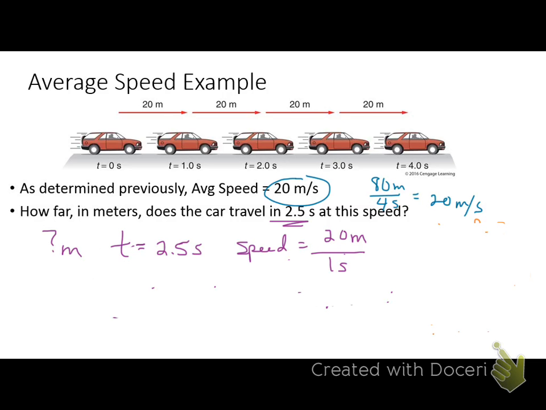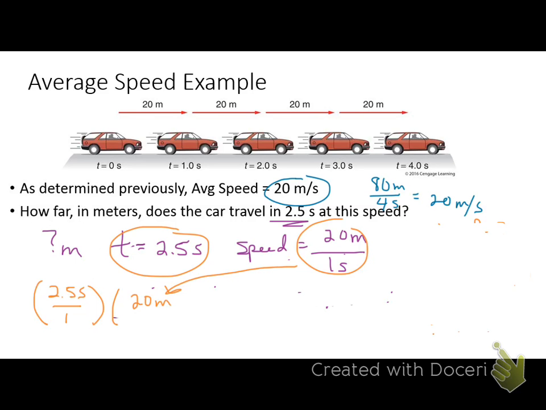If I'm after meters, I can take this first term, t, the time, 2.5 seconds, and put it over 1: 2.5 seconds over 1. Then, if I want seconds to cancel, I can insert my speed as my second term: 20 meters per 1 second.